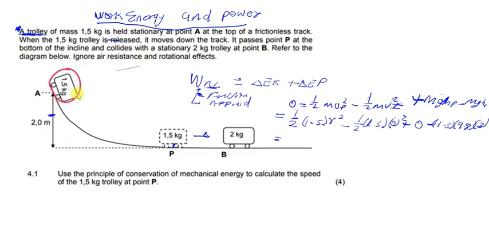Then we further simplify. Half of 1.5, we punch our calculator, which will be 3/4, v squared.